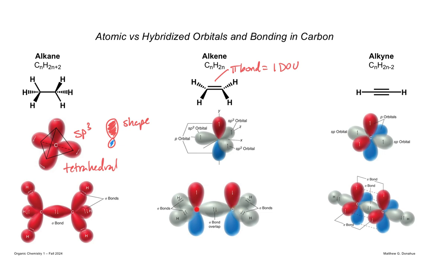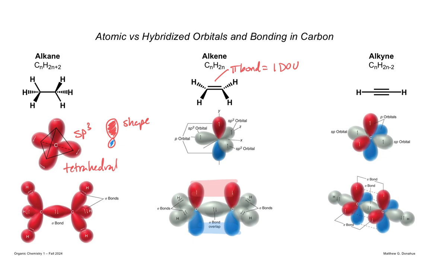When the two carbons bond to one another, that's the central sigma bond. That second line of the pi bond is the overlap of the p orbital with the other p orbital. And really it forms a cloud.